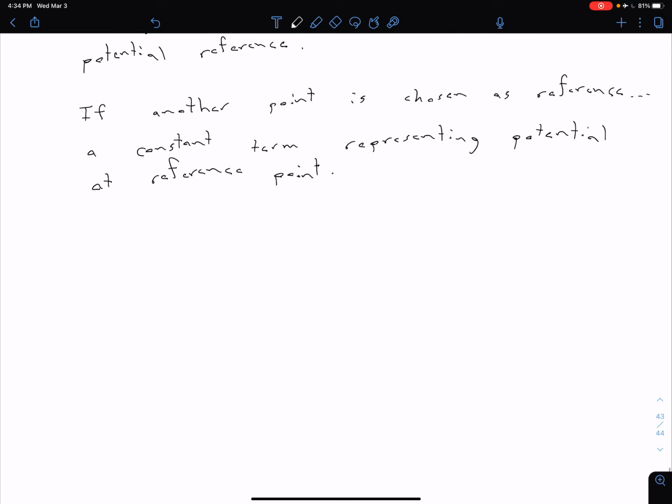But remember, if our electric field is known, then we have a relatively simple equation where we could say the voltage between 2 points is equal to negative integral from A to B of E dot dl. So if we know the expression for our electric field, then we don't necessarily have to deal with the charges directly, because we've already done that to determine that E equation, so we can just plug into this.